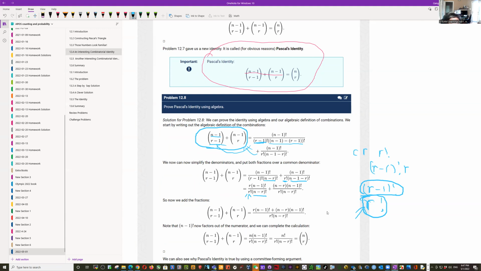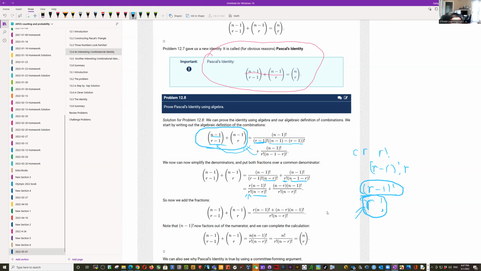For this term, this portion already matches, I'm short of r, so I just multiply r. For this term, the r factorial portion already matches.